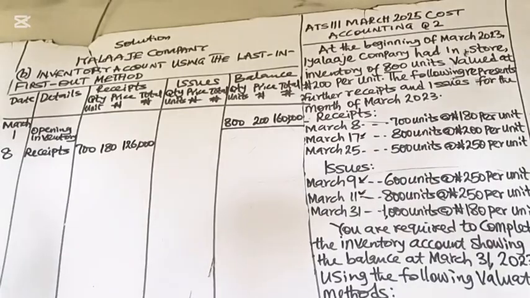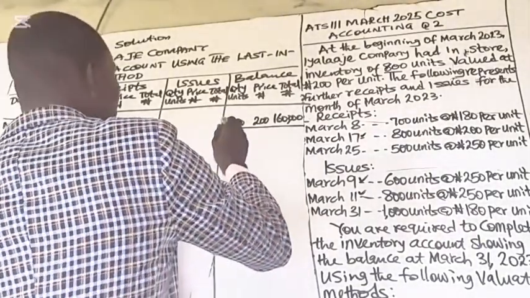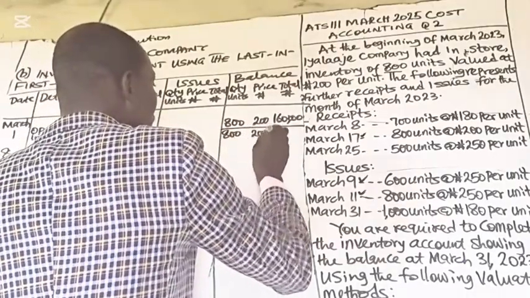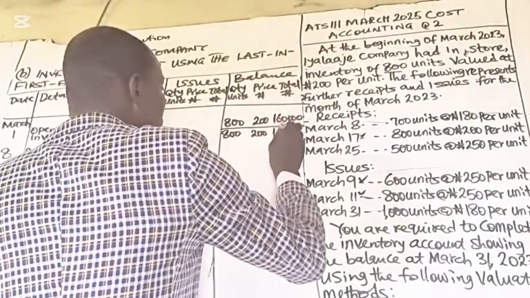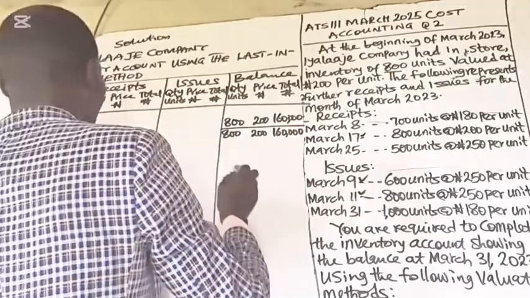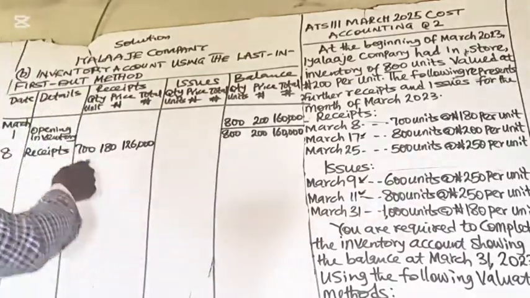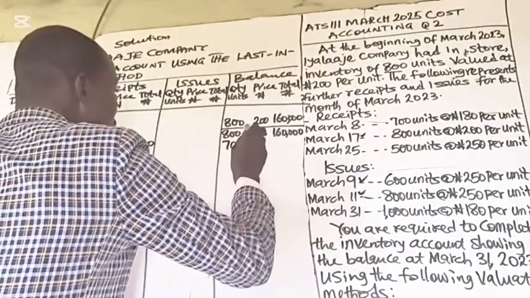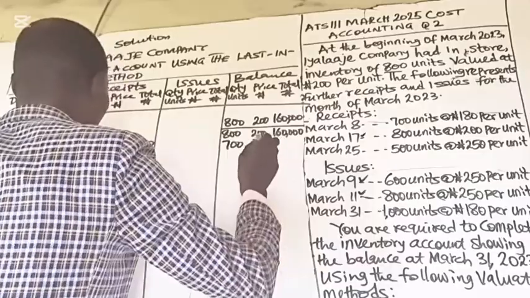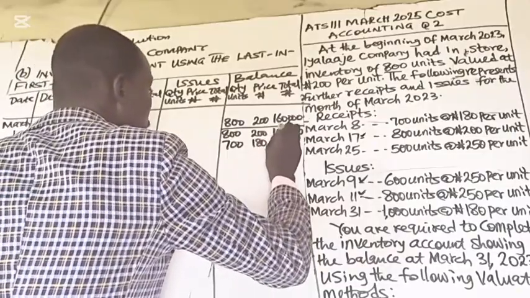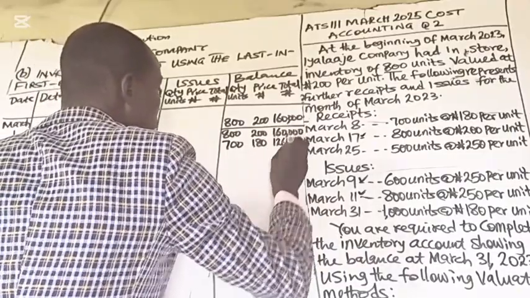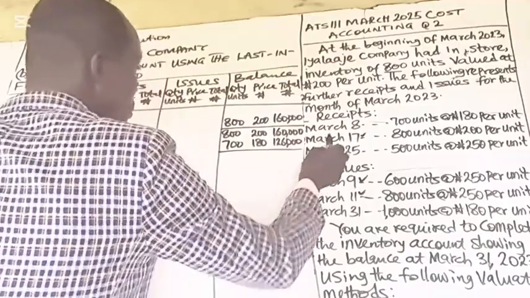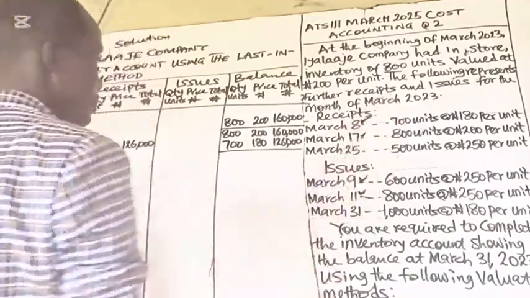Then in the balance column, you have 800 units at 200, 160,000. That is the opening inventory. Then an additional 700 at 180, that gives us 126,000, on the 8th of March.